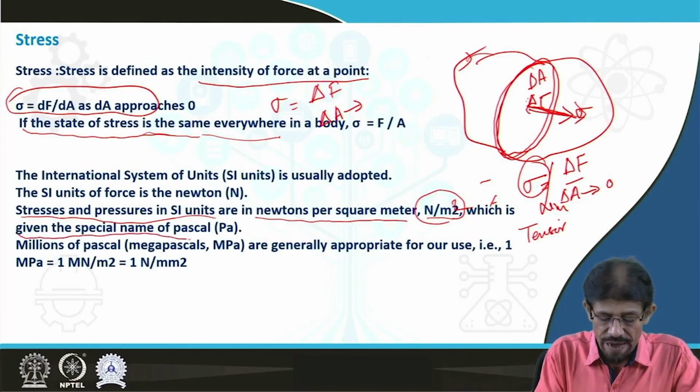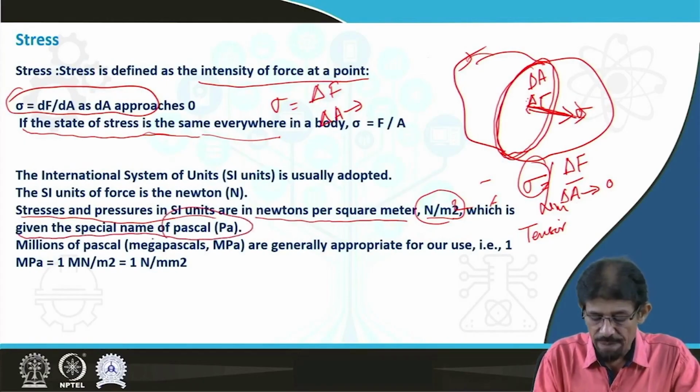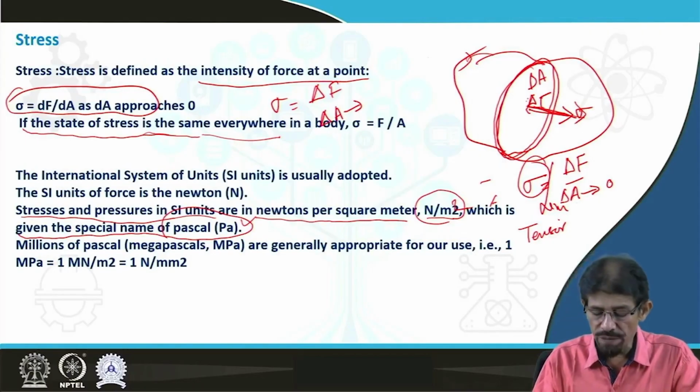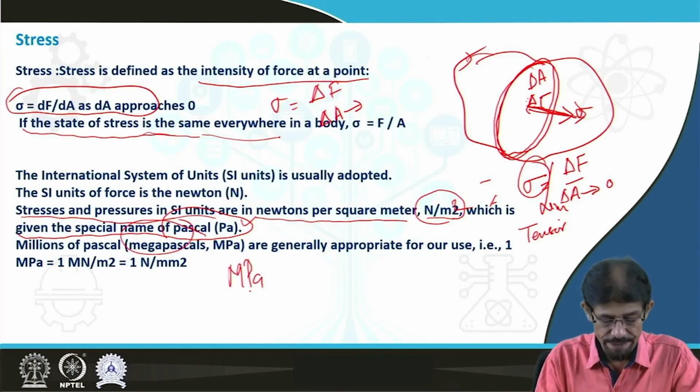This particular unit we are going to define as a Pascal, denoted by Pa, and for engineering purposes, because we are working with huge loads, we have started utilizing a bigger unit known as the megapascal, MPa.